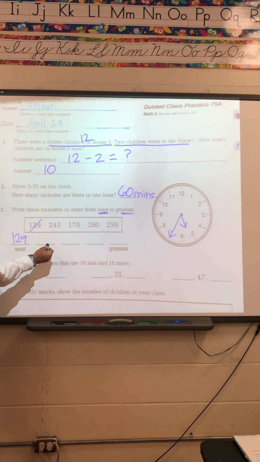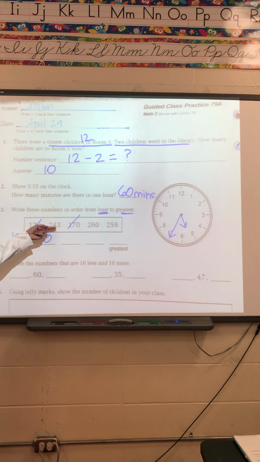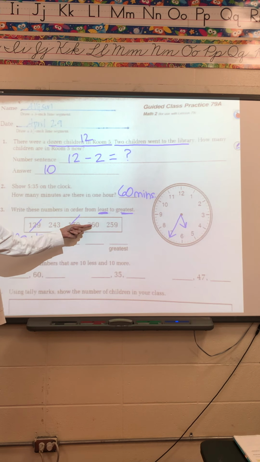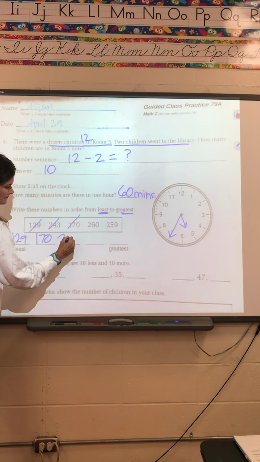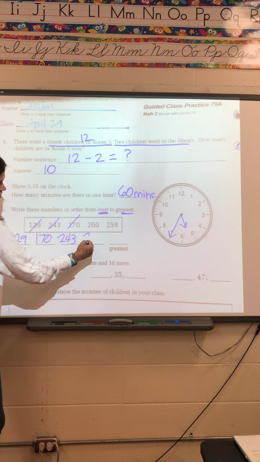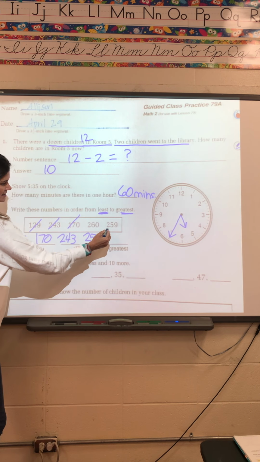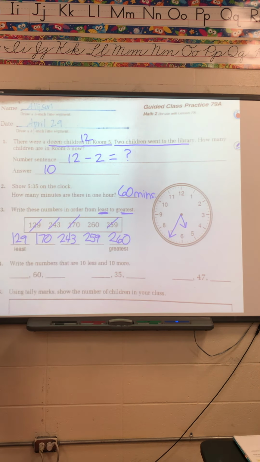Then I'm going to use my other 1 number, 170. Now we've got to choose between these. 243, 260, 259? Well, 243, then 260 or 259? 259. And my greatest number is 260. Do y'all see how we did that?